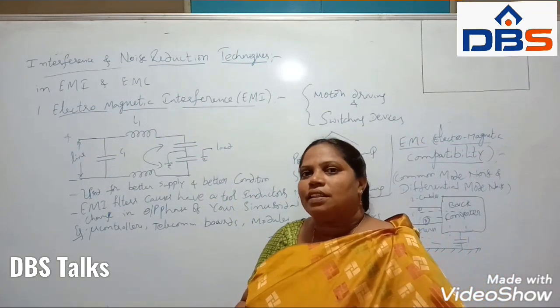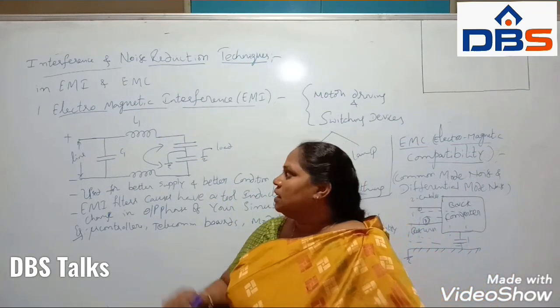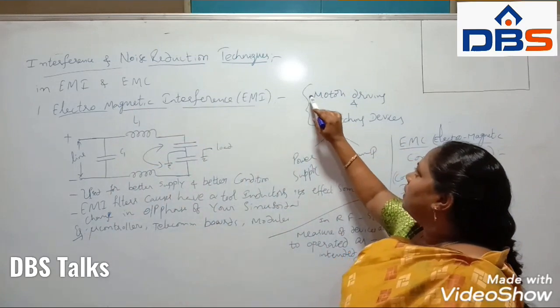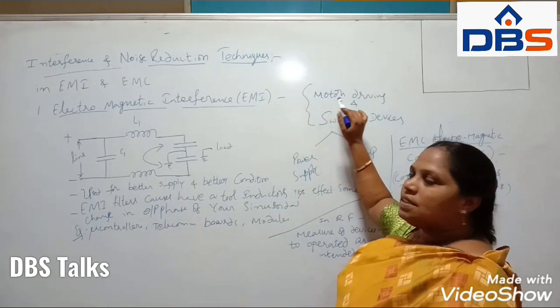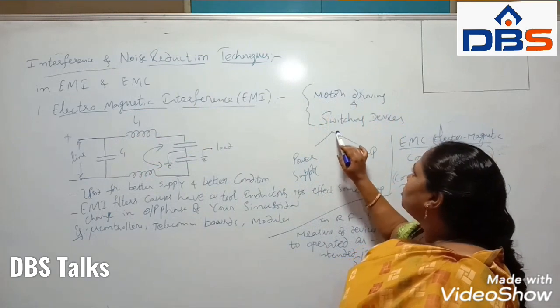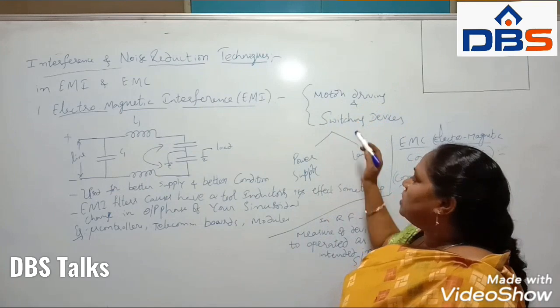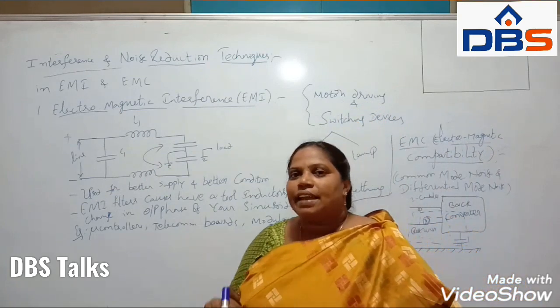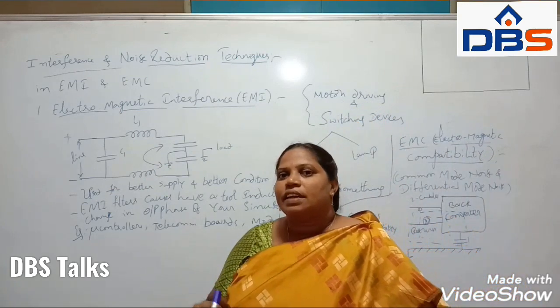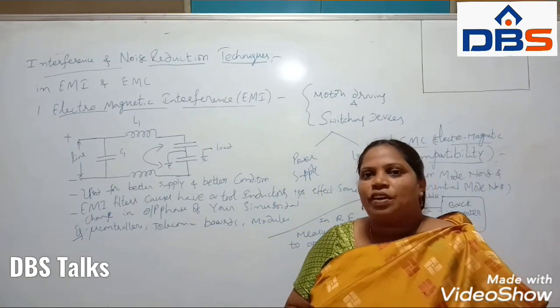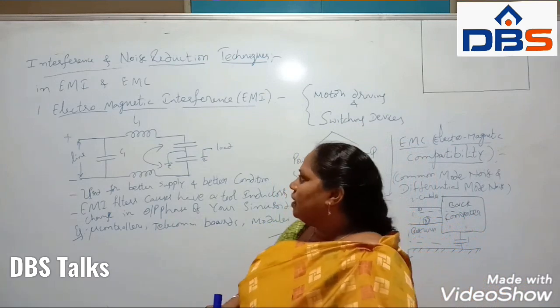We have to consider EMI and EMC in motor driving systems and switching devices. If there is any interference in those devices or in that motor, we have to rectify it, and then we can go to the next step.